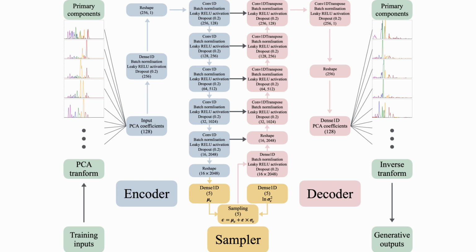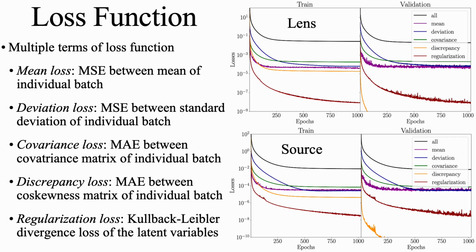This flowchart illustrates our combined PCA plus VAE architecture, which efficiently compresses the redshift distributions into just 5 latent variables. Furthermore, our loss function comprises terms that minimize discrepancies in the mean, standard deviation, covariance, and skewness of the reconstructed redshift distributions, together with a KL divergence term to regularize the latent space to a standard normal distribution.